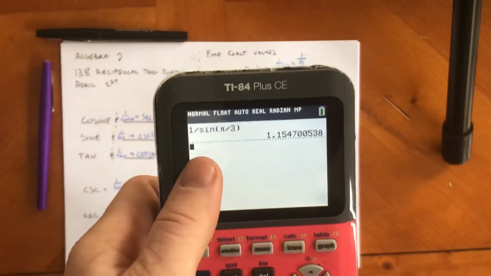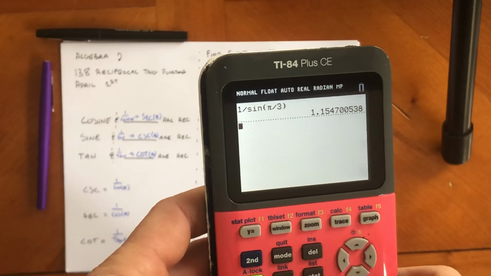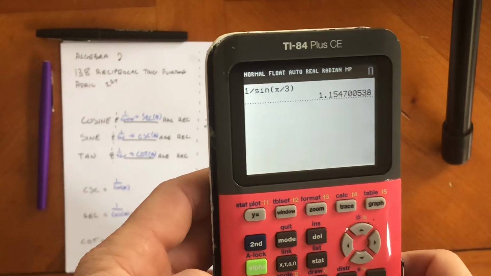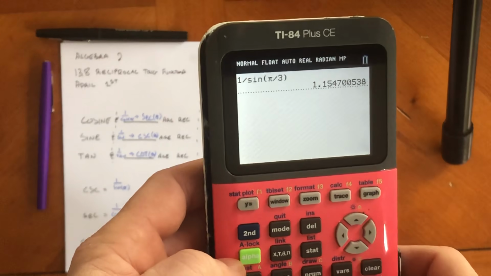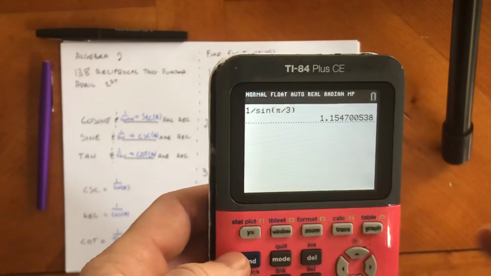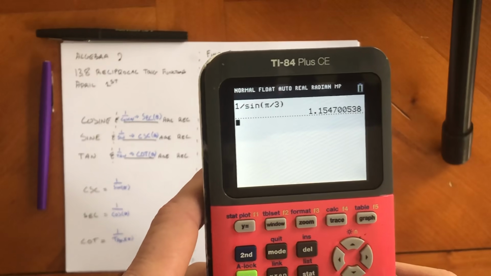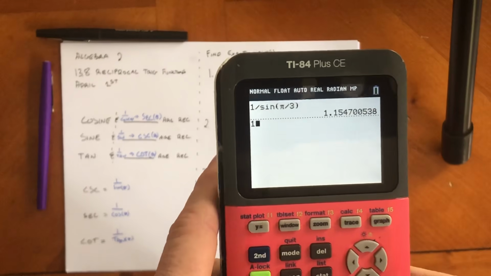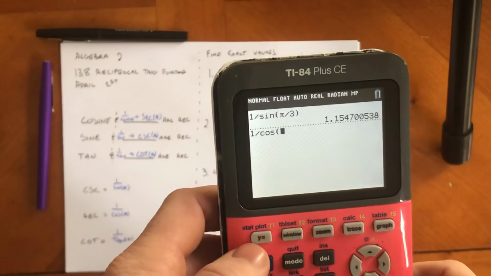A lot of people are going to be confused, because they think sine -1, cosine -1, tangent -1 are secant, cosecant, all that good stuff. They're not. They're inverse operations, not reciprocal operations. So we have to type it in like that. If I wanted secant, it would be 1 divided by cosine of whatever.